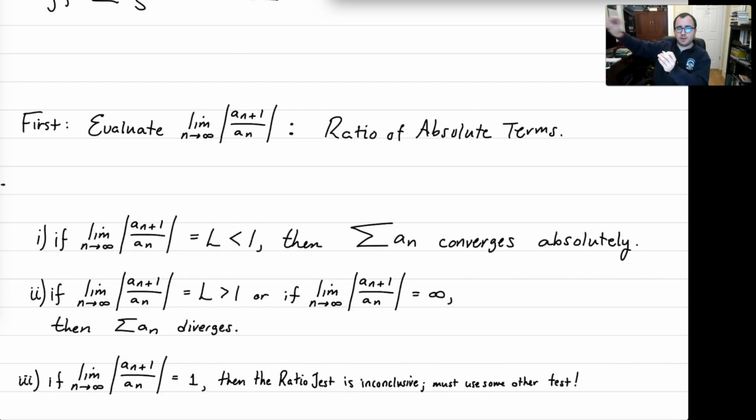Eventually, the terms are all the same. Well, then you've got to use a different test. The ratio test is inconclusive if the limit of the absolute ratios is 1. So keep that in mind. We're going to do a couple examples. But keep in mind that if you take the limit of the ratios in absolute value and you get 1, you have to use another test.